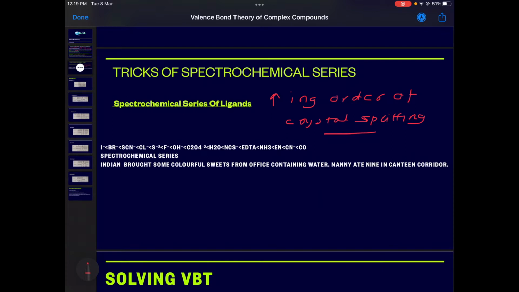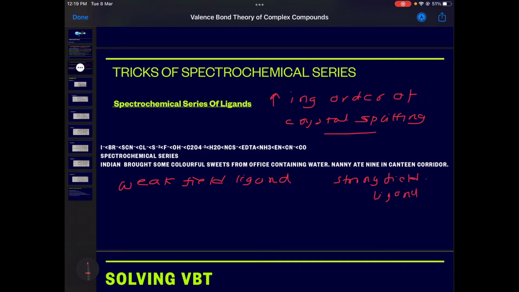Now, these ligands are divided into two parts: weak field ligands and strong field ligands. Students, you don't have to remember so much.